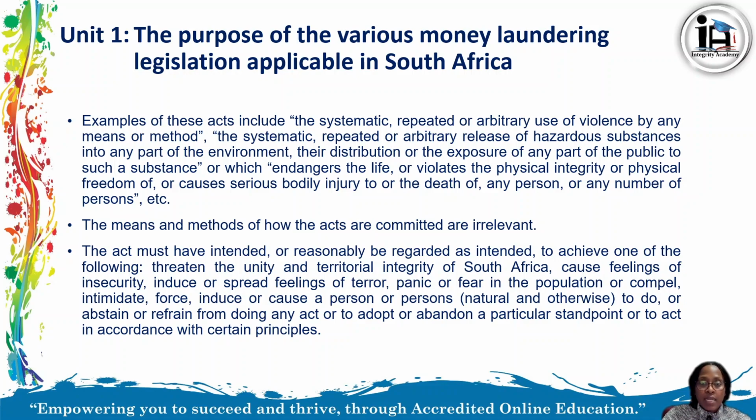The act must have intended or reasonably be regarded as intended to achieve one of the following: threaten the unity and territorial integrity of South Africa, cause feelings of insecurity, induce or spread feelings of terror, panic or fear in the population, or compel, intimidate, force, induce, or cause a person or persons, natural or otherwise, to do or abstain or refrain from doing any act, or to adopt or abandon a particular standpoint, or to act in accordance with certain principles.